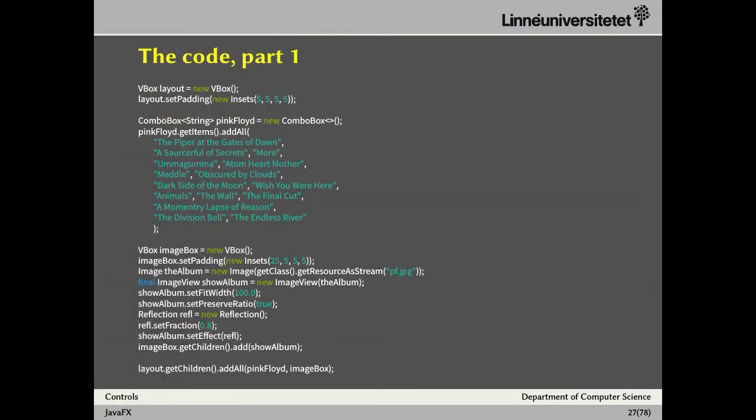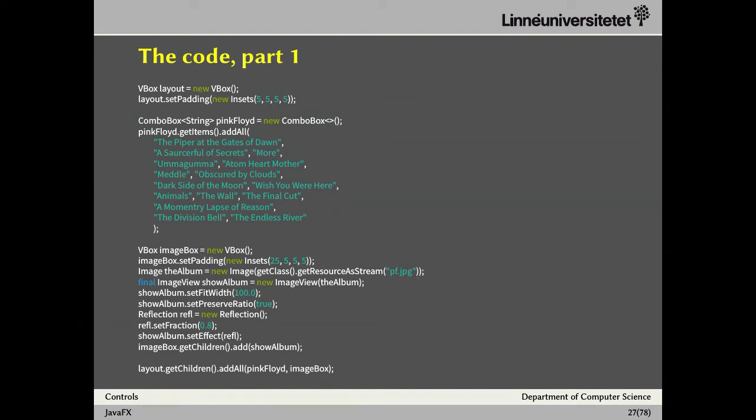I call it Pink Floyd, and it is of type string. And I enter all the different studio albums by Pink Floyd into that one. I do that by using getItems().addAll, and then just as strings add the different albums in the order that I want them.